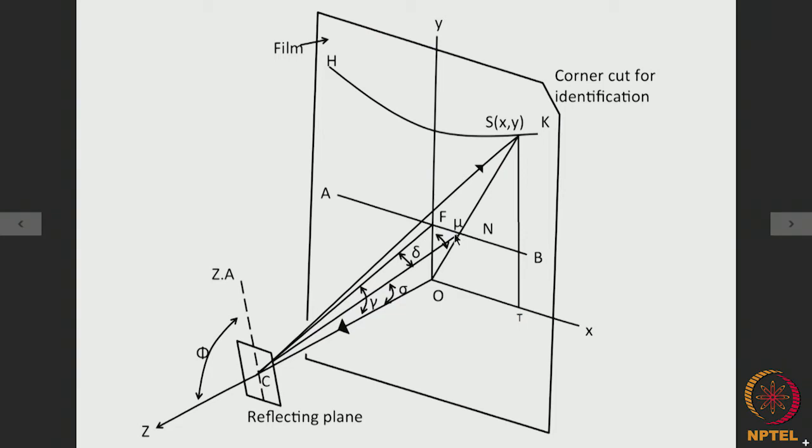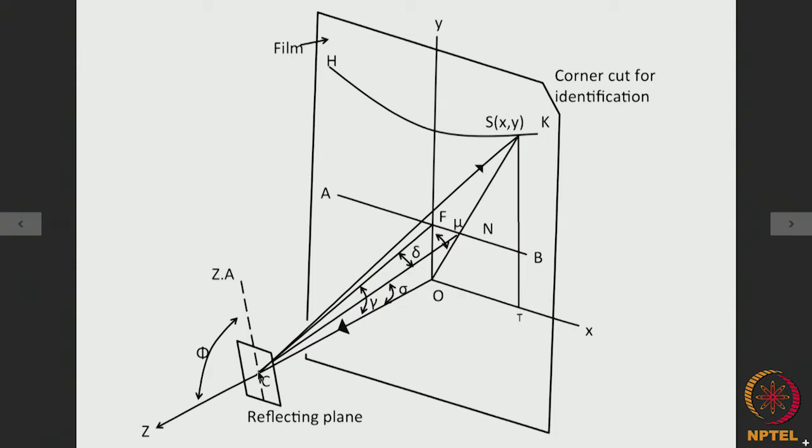So, these angular parameters which define Cn or the plane normal of the given plane here, these values can be easily found out from the measured values of x and y on the film, and by knowing the specimen to film distance, which is capital D.